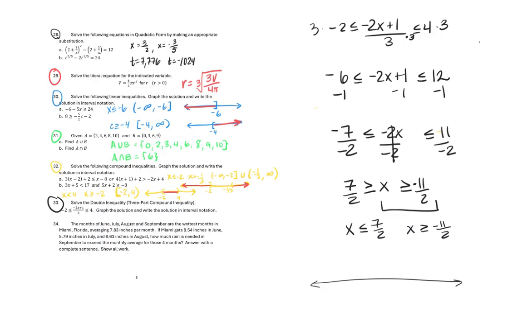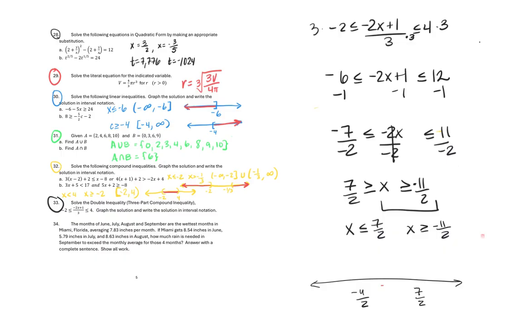So we have 7/2 here. We have a -11/2 here. Okay, so now that we have our number line, we want anything less than the 7/2, but we also want it greater than the -11/2. So we're basically bounded by each other. Since they both have an equal to sign, they're both going to get big brackets.